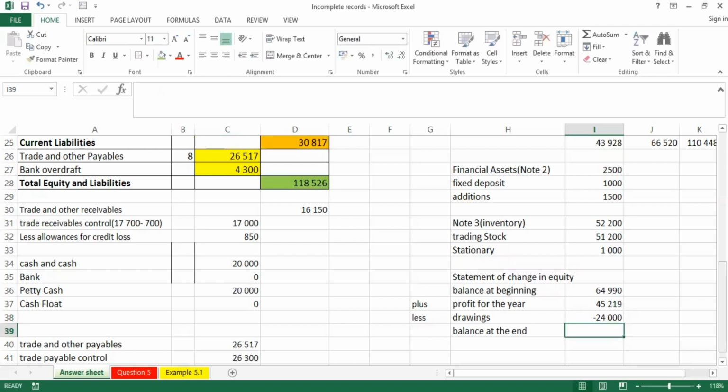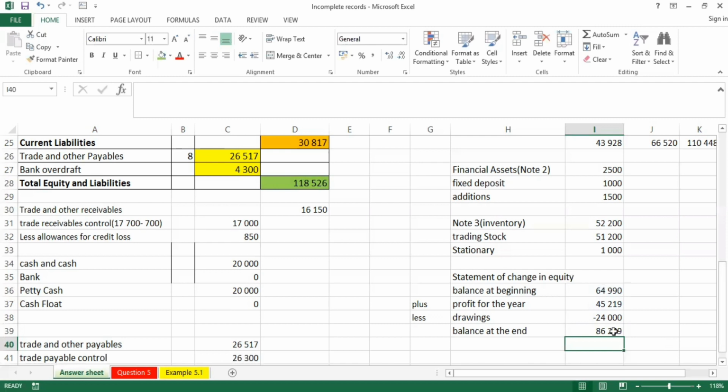And then to get our balance at the end, we simply take our balance at the beginning plus our profit for the year minus our drawings, in order to get our balance at the end, which is 86,209.